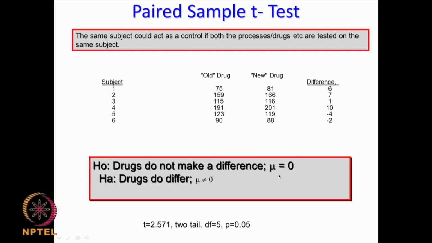So my H naught will be mu is equal to 0, HA will be mu is not equal to 0 if I want to show that new drug is different from the old drug. I can do a two-tailed test because we are talking about only difference with a degree of freedom of 5, because we are looking at only this data now, 6 data points, we are not looking at the whole lot. It is a two-tailed test, degrees of freedom is 5, p is equal to 0.05.